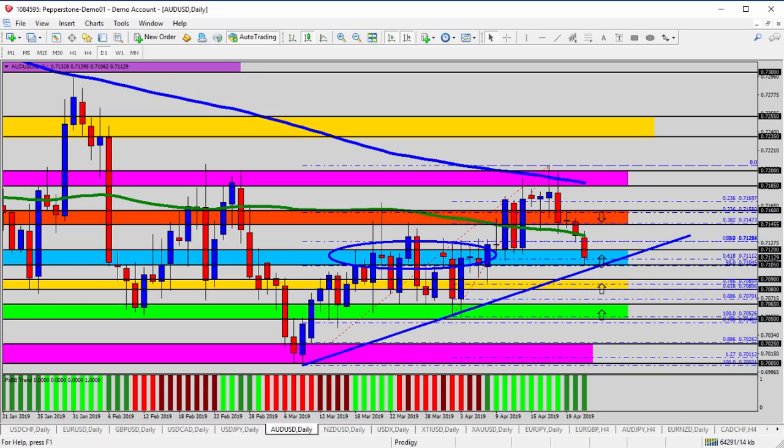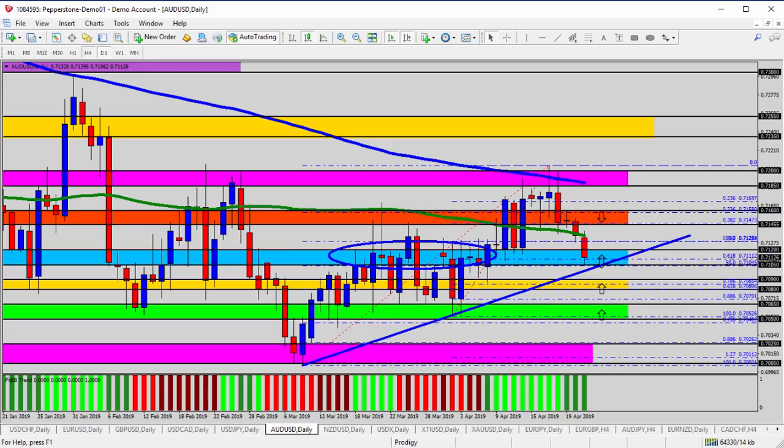Could be early in the morning for you, depending on where you are, but we have Australian news coming up later this evening, so a lot of things could play into this. US dollar challenging resistance. Right now, if the US dollar breaks higher, we could see this continue to go down. If the US dollar suddenly falls off of its resistance, we could see this turn around and go right back up. So a very interesting juncture for the Australian dollar right here at the blue zone.